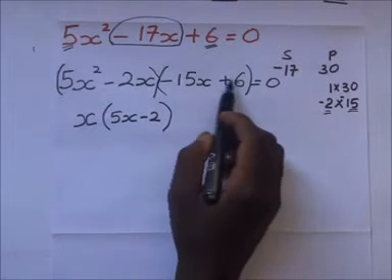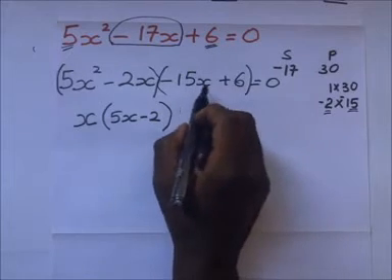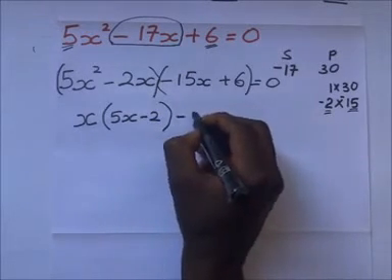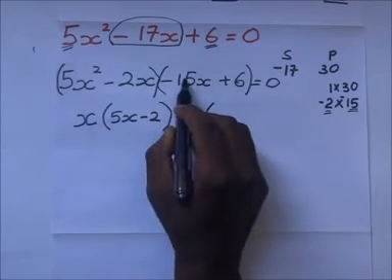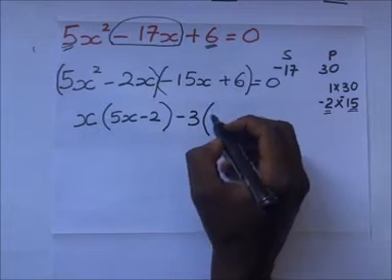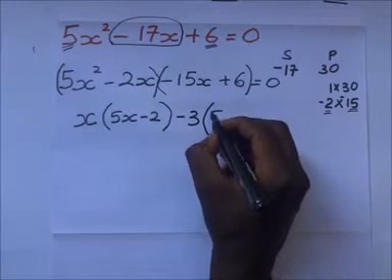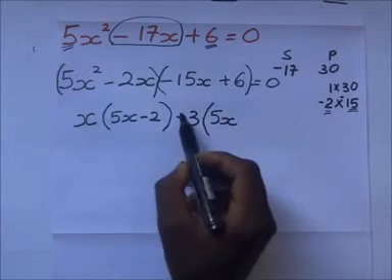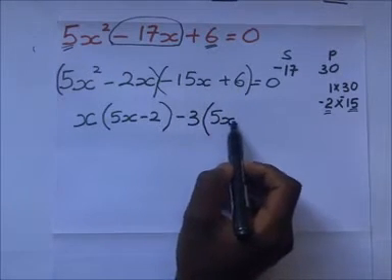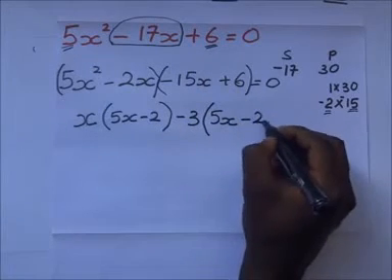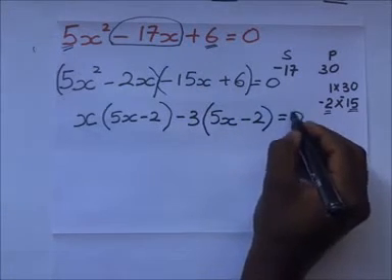Then the common factor here is 3, so we put negative 3 outside the brackets. 15x divided by negative 3 gives us positive 5x. Then 6 divided by negative 3 gives us negative 2. That is equal to 0.